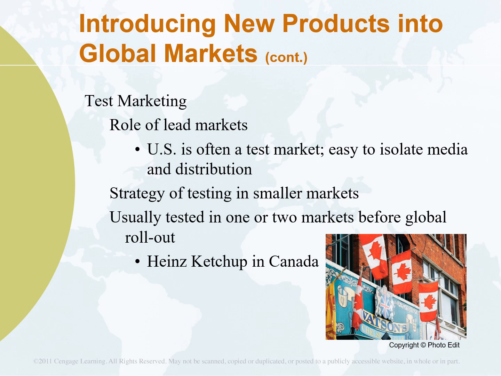Then you can test the product in a certain market, say Kansas City, or Augusta, Georgia, or Columbia, South Carolina. The strategy of testing in smaller markets is usually used in one or two markets before global rollout. Heinz, the ketchup company, did that; they tested in Canada, for example.